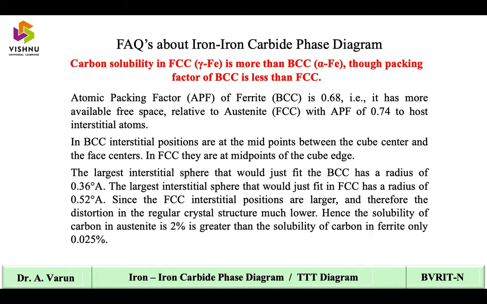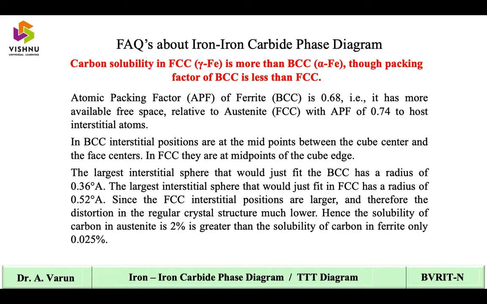Another reason is that the largest interstitial sphere that would just fit in BCC has a radius of 0.36 Angstroms, whereas the largest interstitial sphere that would just fit in FCC has a radius of 0.52 Angstroms. Since FCC interstitial positions are larger, the distortion in the regular crystal structure is much lower. Hence, the solubility of carbon in austenite is 2%, greater than the solubility of carbon in ferrite, which is 0.025 percent.